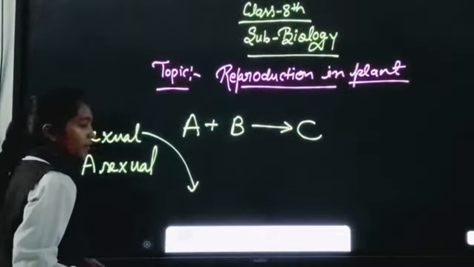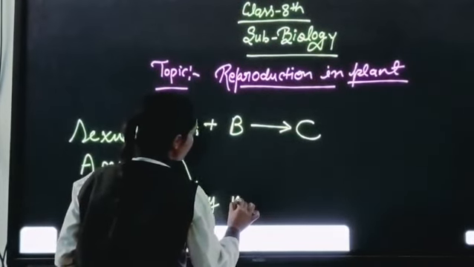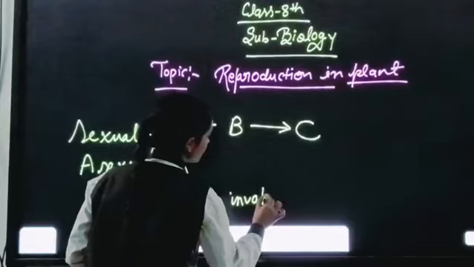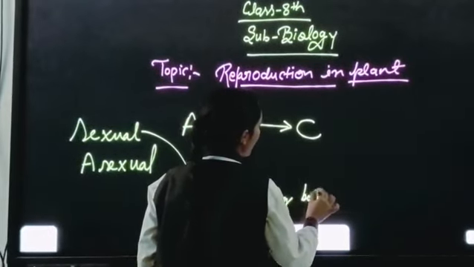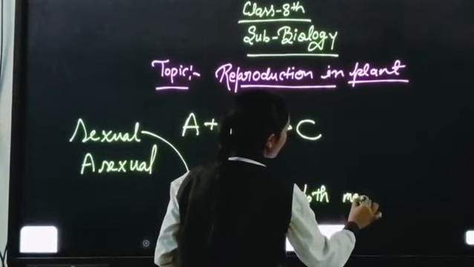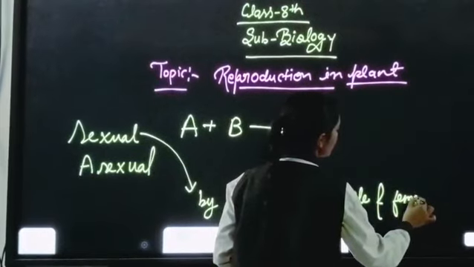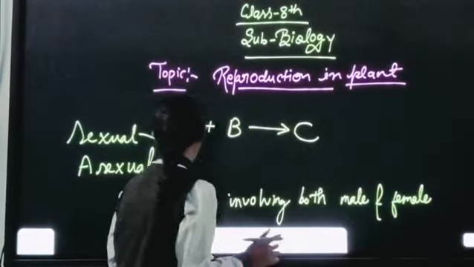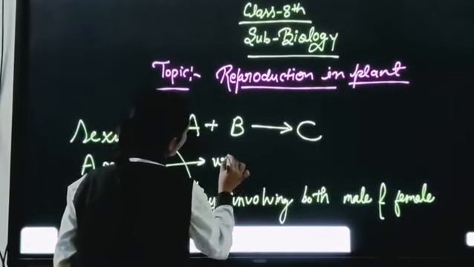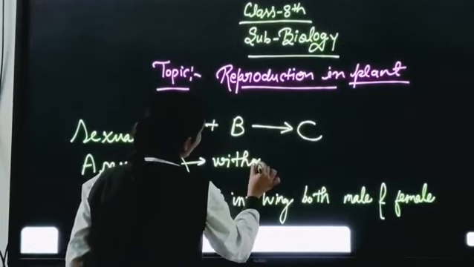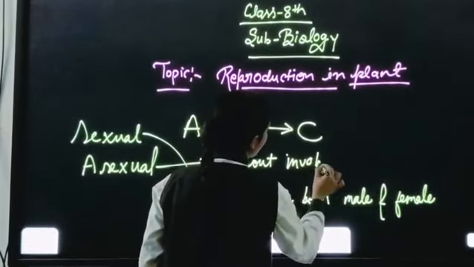Sexual reproduction means involving both male and female organisms. And asexual, as the name suggests, is without involving both male and female.